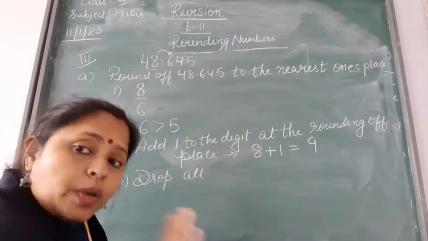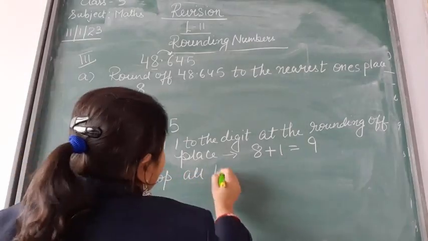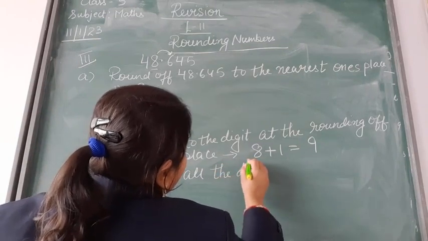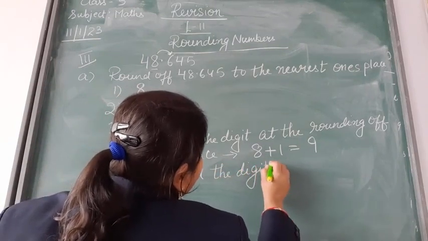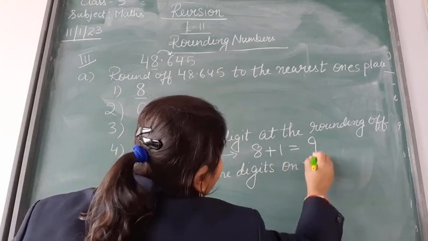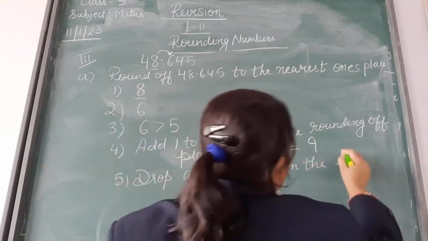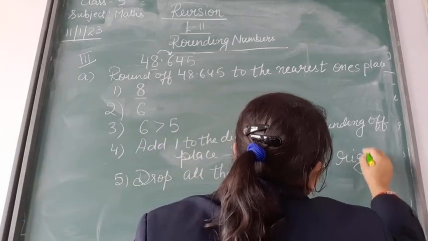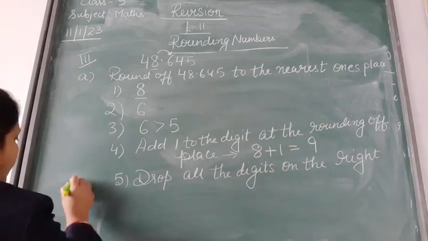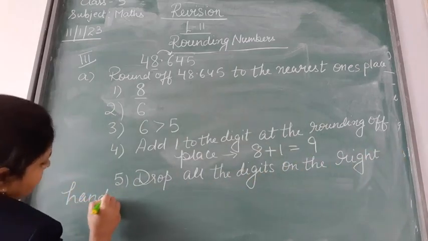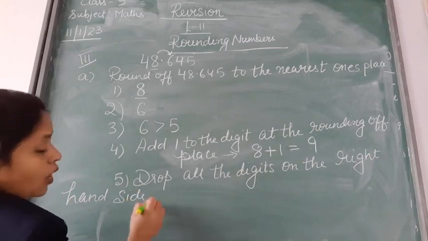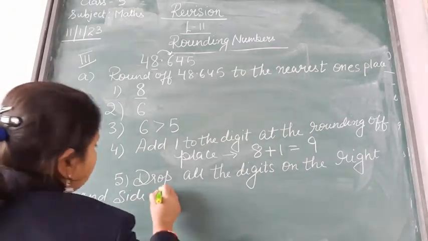Drop means we will not write. We will drop all the digits on the right hand side of the rounding off place.